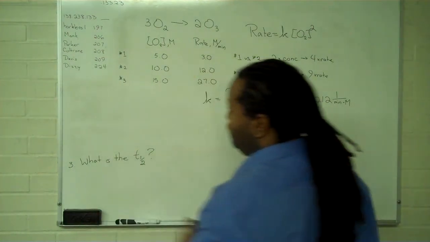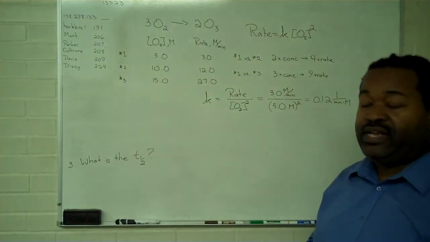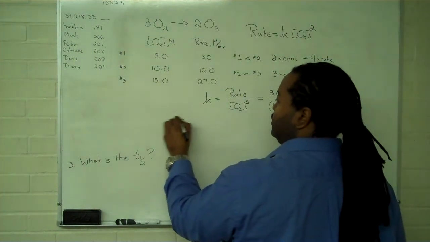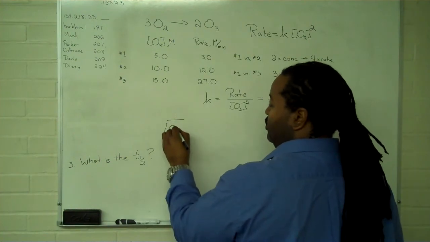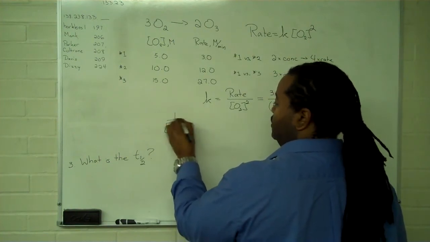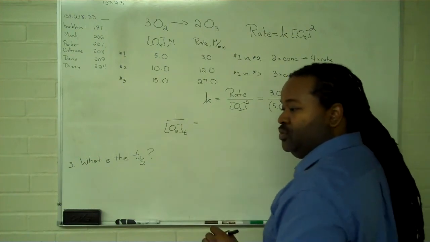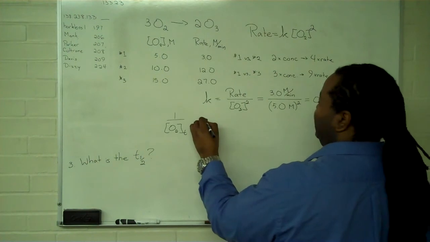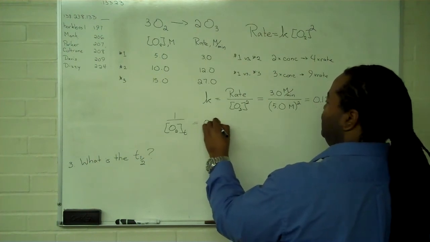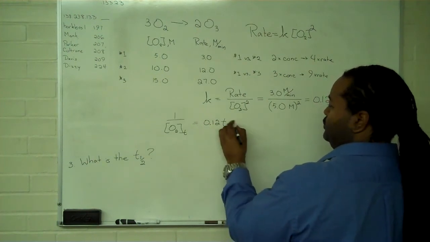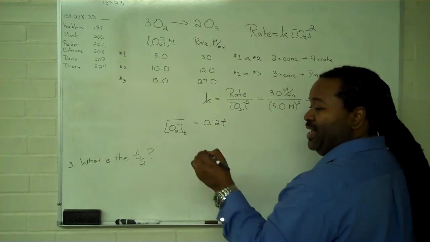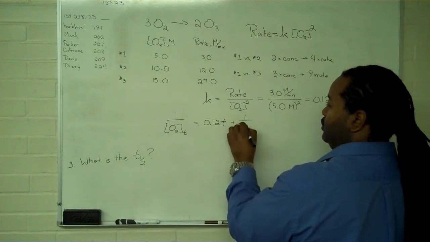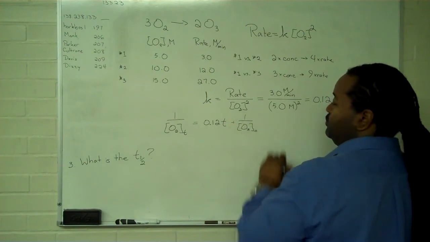The final thing we have to do is determine the half-life of the reaction. And in this case, because we have a second order reaction, we have that 1 over the concentration at time t will be equal to the rate constant times time, sorry, so that's 0.12 times t, and we're going to add to that 1 over the initial concentration.